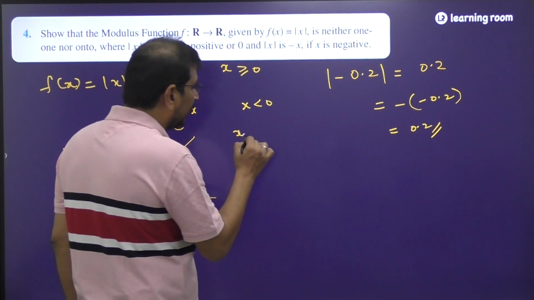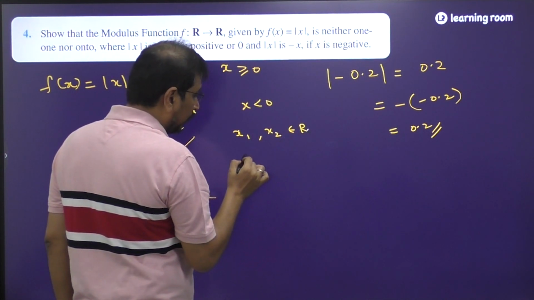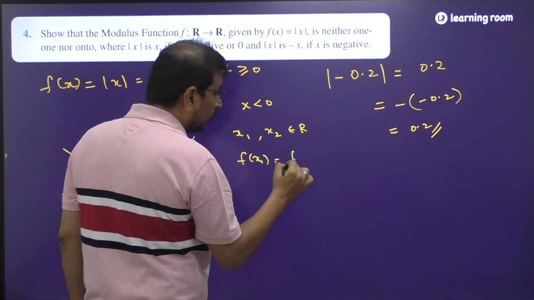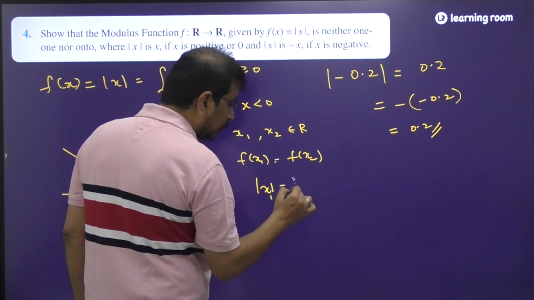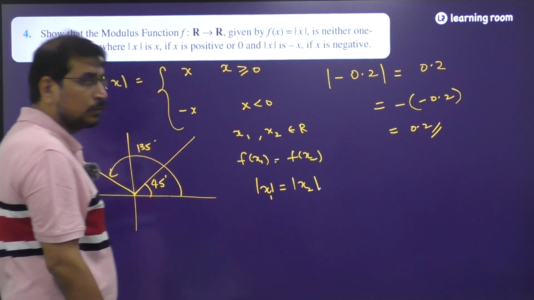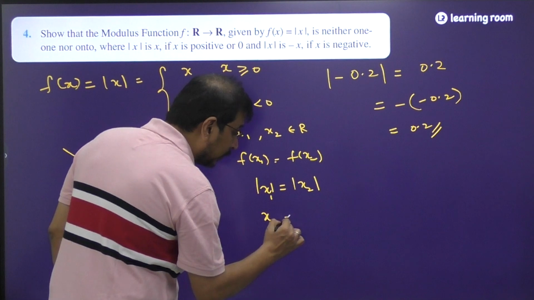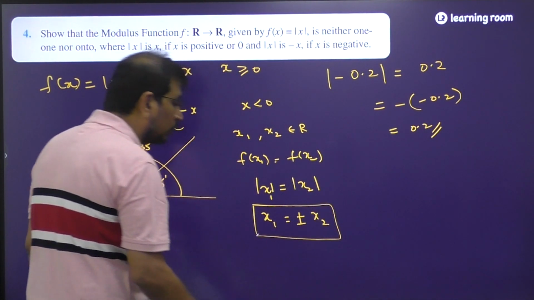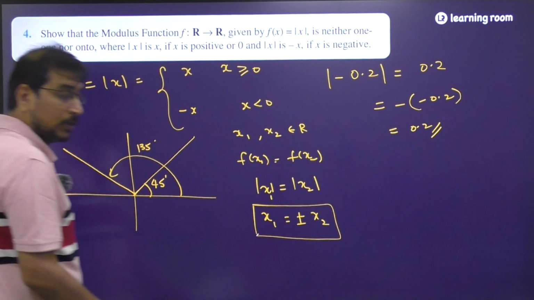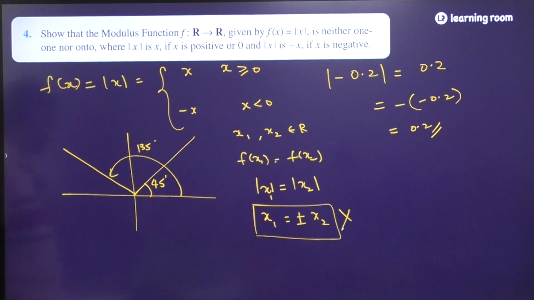You will take x1, x2 belonging to R. f of x1 is equal to f of x2, so mod x1 is equal to mod of x2. Then x1 will be equal to plus or minus x2. So two values have the same output. Hence, it's not a one-one function.